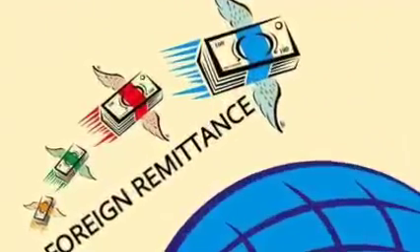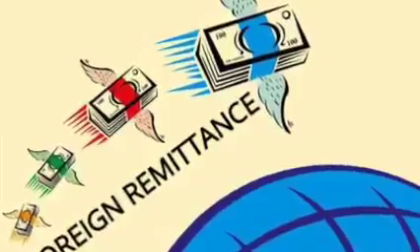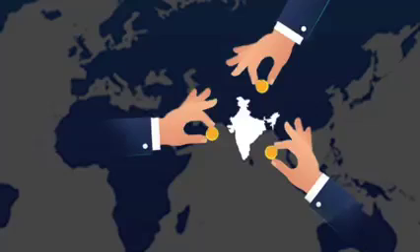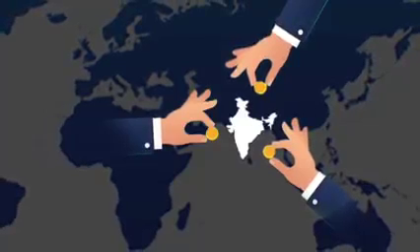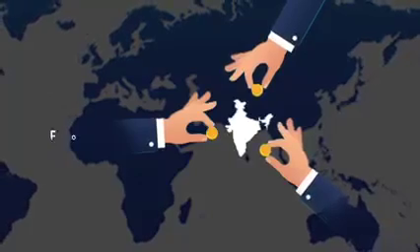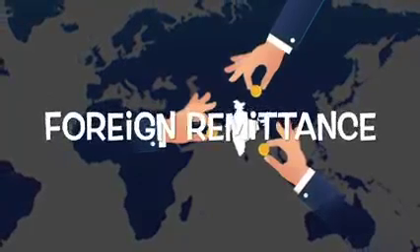And then there are foreign remittances: the dollars sent by our overseas Indians, for example our countrymen in the Gulf, America, and all over the world. If they send dollars to India, they are called foreign remittances.